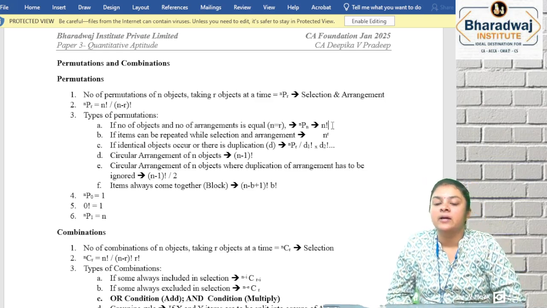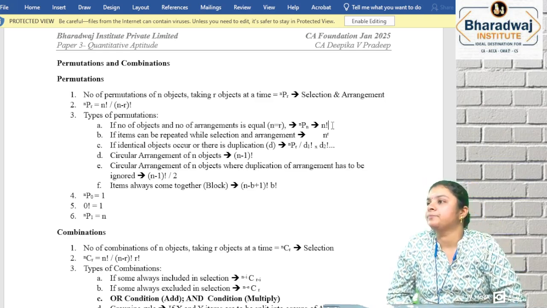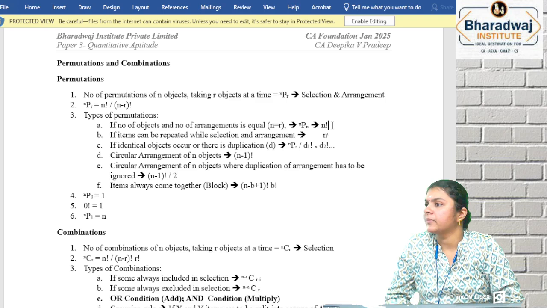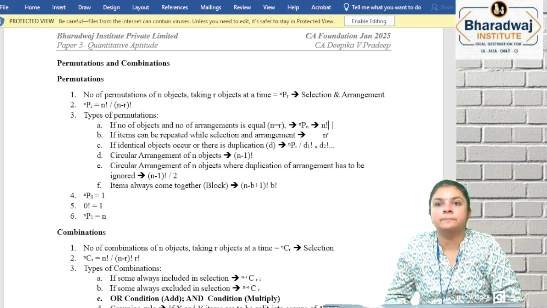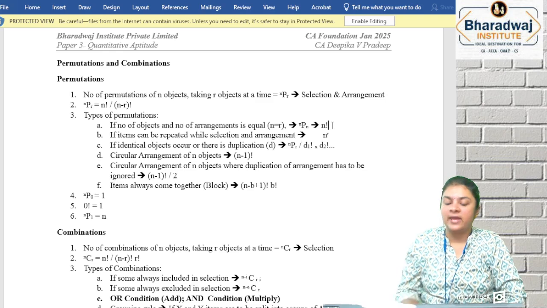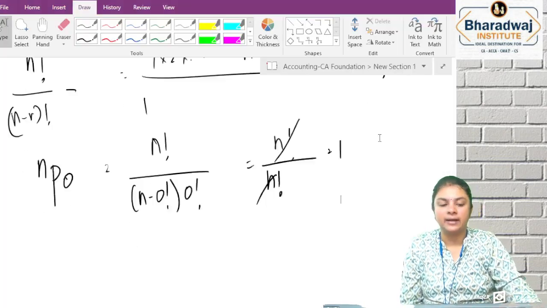Second rule, rule of repetition. If you can repeat the same item while arranging, then the rule will be taken as n to the power r. N to the power r. So in many questions repetitions will occur.